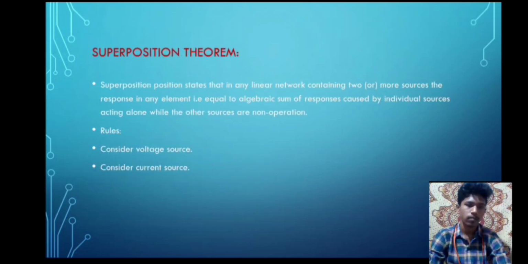And the superposition theorem. Superposition theorem states that in any linear network containing two or more sources, the response in any element is equal to the algebraic sum of responses caused by individual sources acting alone while the other sources are not operating.